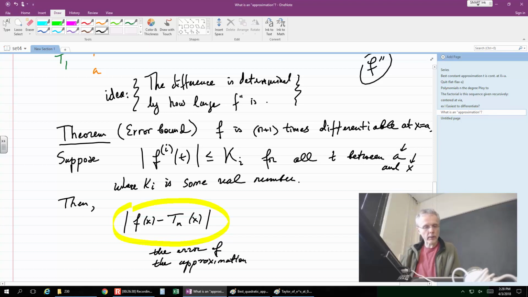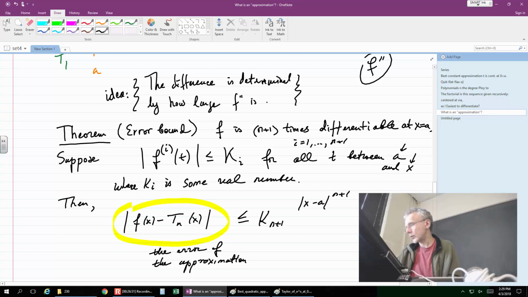Okay, and it is less than or equal to K_{n+1}, over here i equals 1 to n+1, less than or equal to |x − a|^{n+1} over (n+1) factorial.